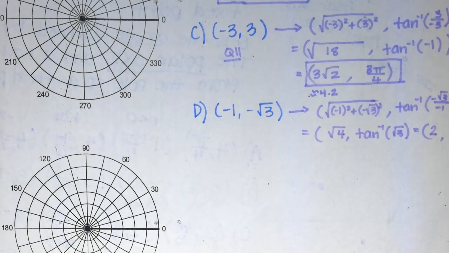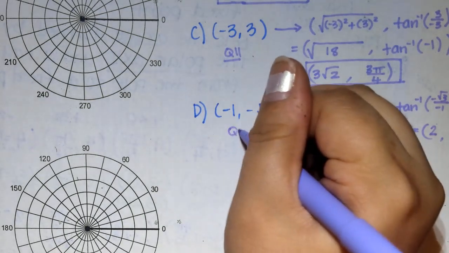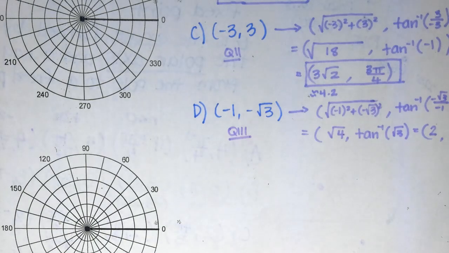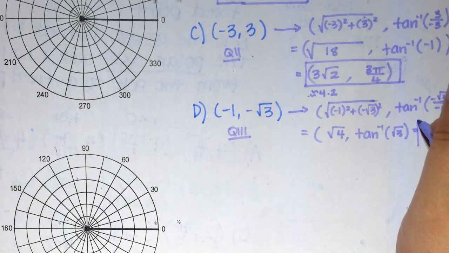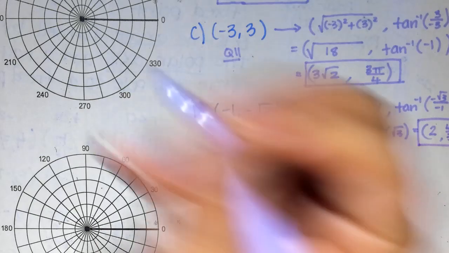What quadrant is this in? So what is the inverse tan of the square root of 3? 4 pi over 3. And plot that.